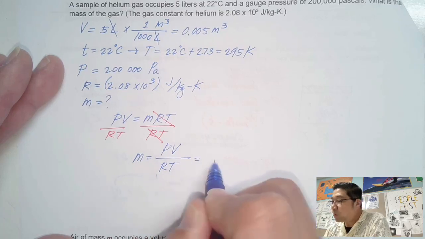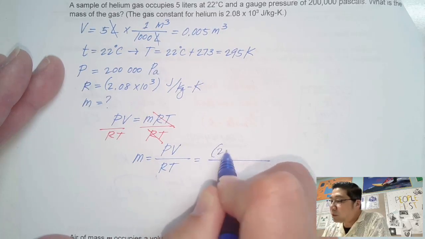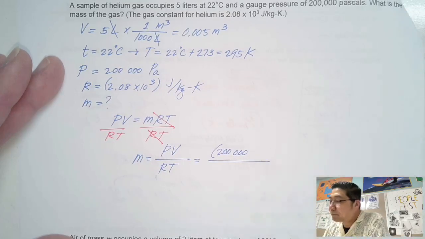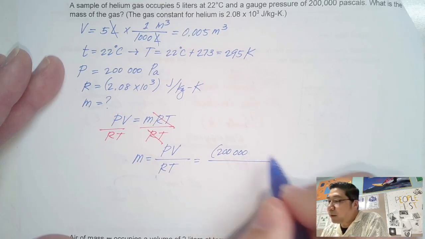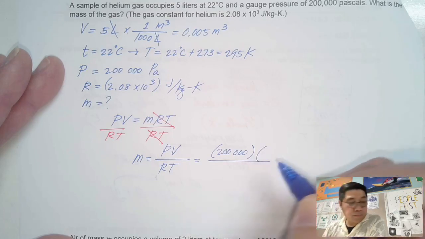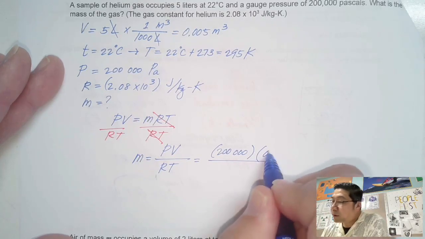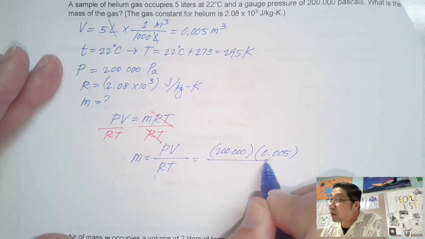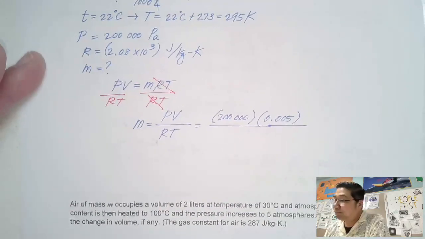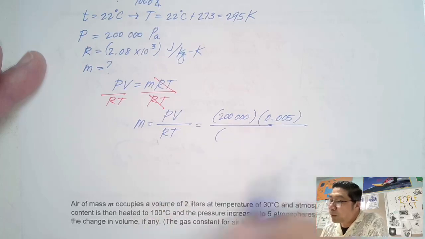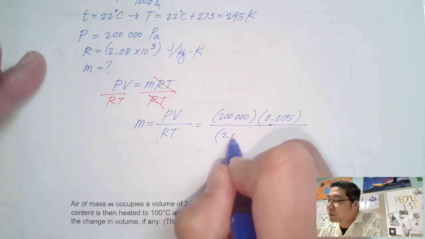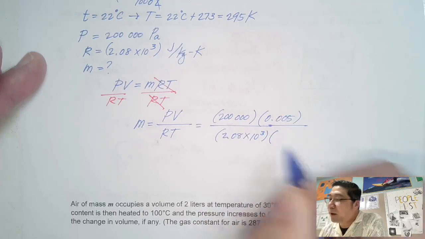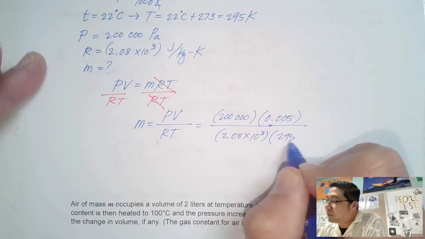So what is your pressure? That is 200,000 pascals multiplied by 0.005 divided by, what is the value of R? 2.08 times 10 to the third power multiplied by 295 Kelvin.